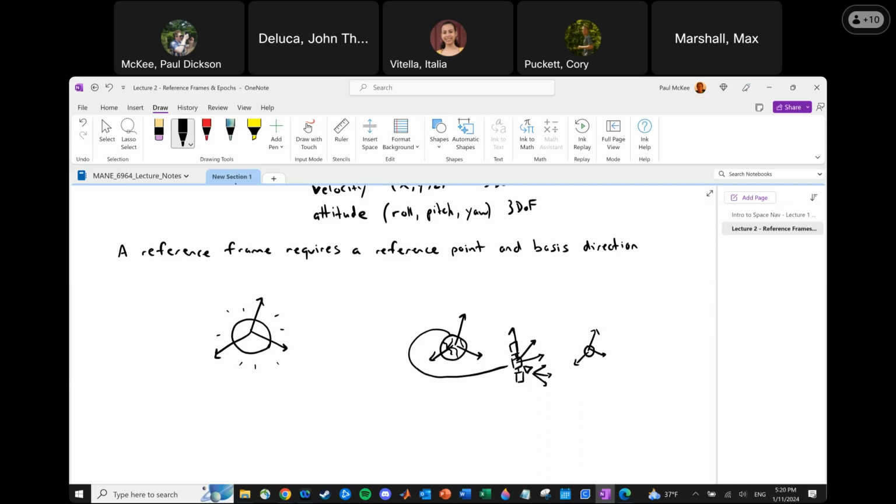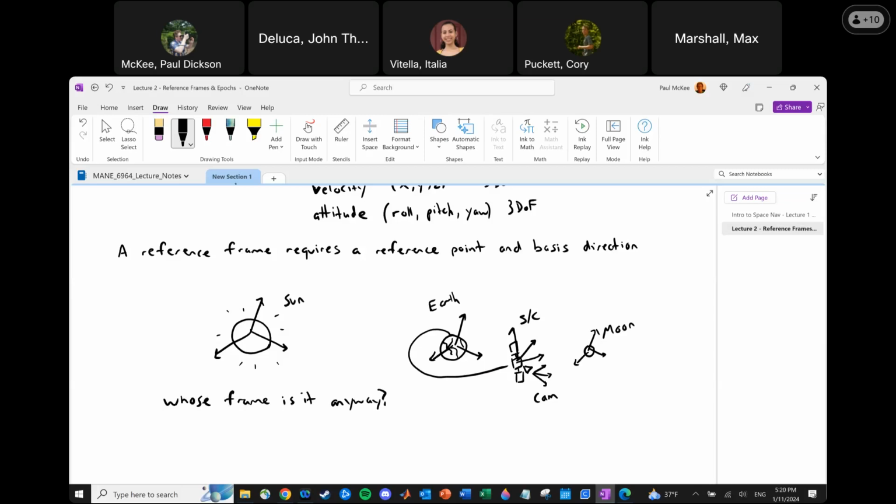So you've got a camera reference frame, a spacecraft reference frame, a moon reference frame, an Earth reference frame, a sun reference frame. And we need to keep track of all of these. And then actually, to make it worse, the Earth has 2 reference frames and the moon has 2 reference frames. And so we get to play a game that I like to call, whose frame is it anyway? So that's what we're going to be discussing today.